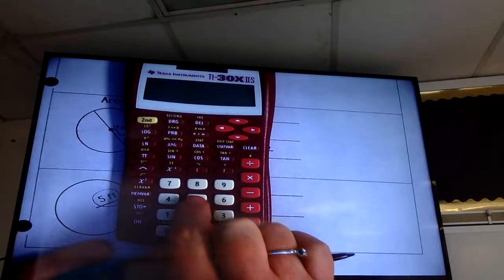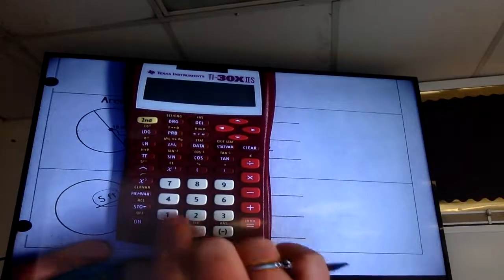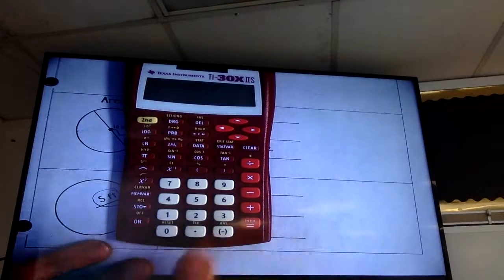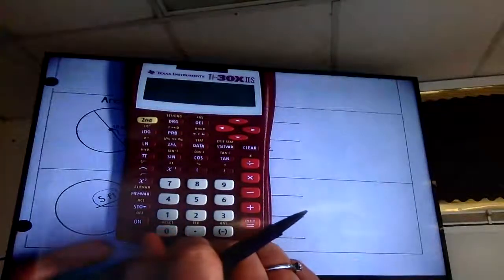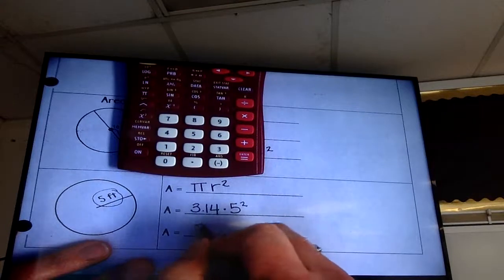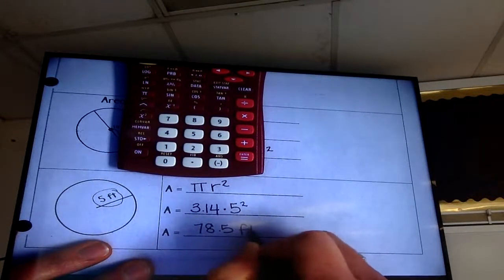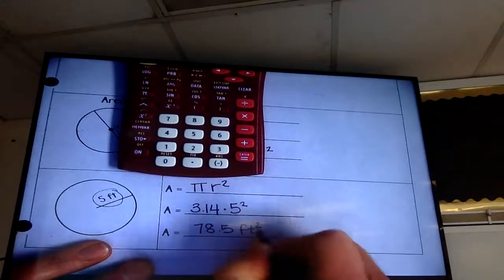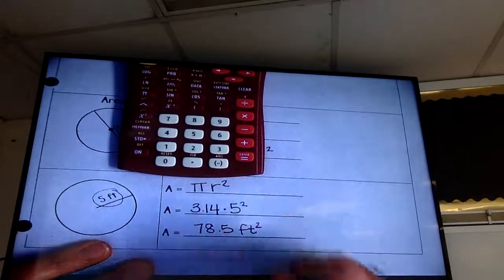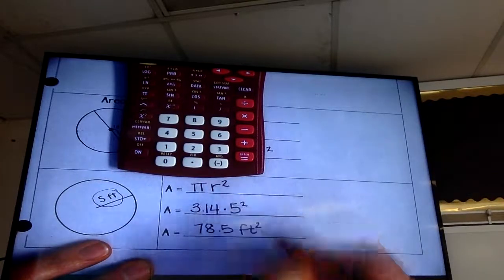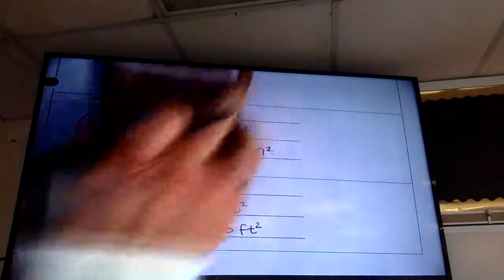Remember, 5 squared just means 5 times 5. So I could do 3.14 times 25, and that would work also. So I get 78.5. Label it feet squared. So all the way across my problem, I keep seeing that squared. It's in my formula, it's when I substitute in my number, and it's at the end of my unit also.